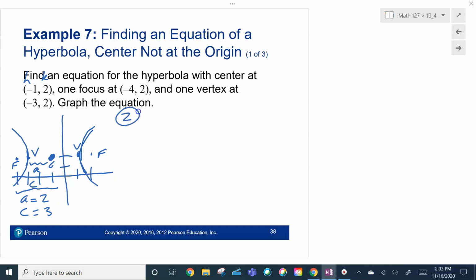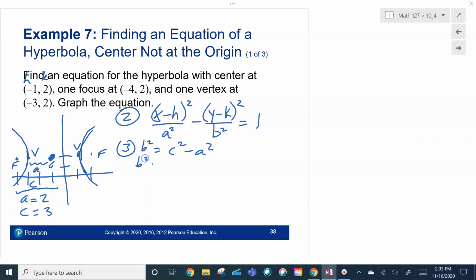So I'm now going to say, I know it's x squared over a squared, except I have (h, k). It's not x minus 0 squared, it's x minus h squared, because I've moved the center. So it's this equation that opens right or left. The only problem is I don't have b.